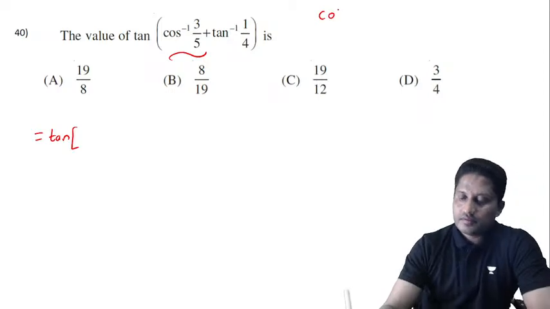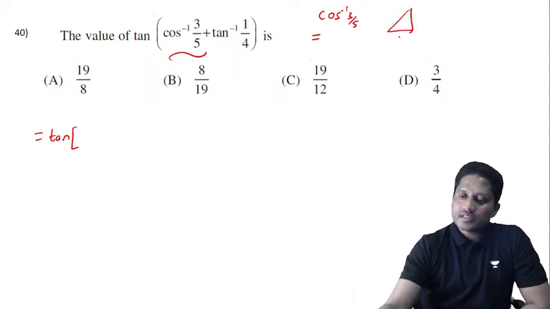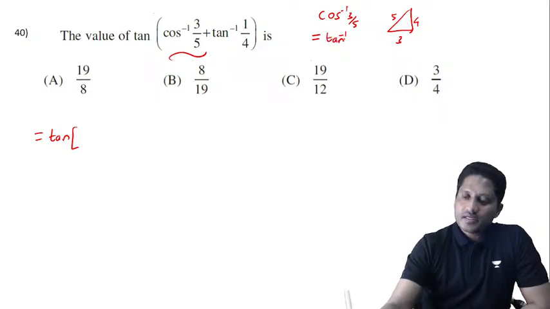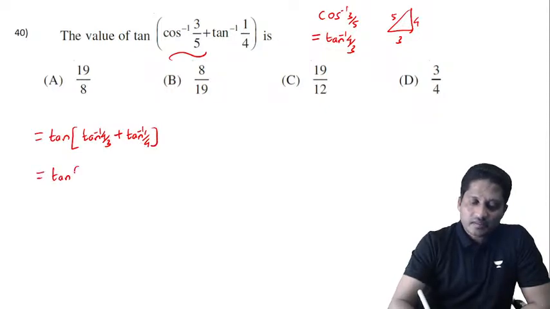Cos inverse of 3 by 5: I take a triangle, cos is adjacent by hypotenuse, the opposite side is 4, and tan is opposite by base, so this is tan inverse of 4 by 3, plus tan inverse of 1 by 4.